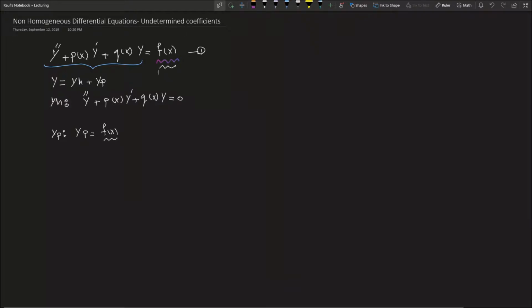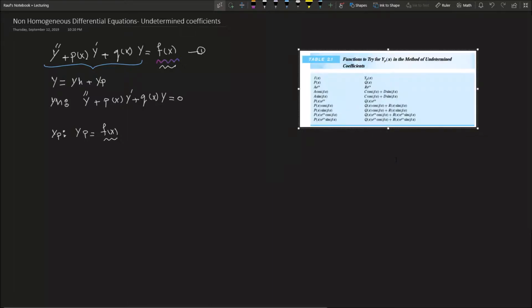In fact, there is a table that helps you to choose the general form for your particular solution based on your main equation. So this is the table, as you can see. Here, when you have f of x, you have y particular of x.